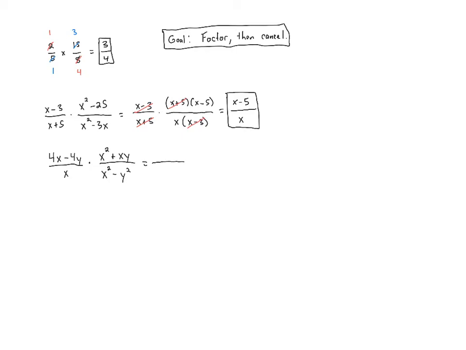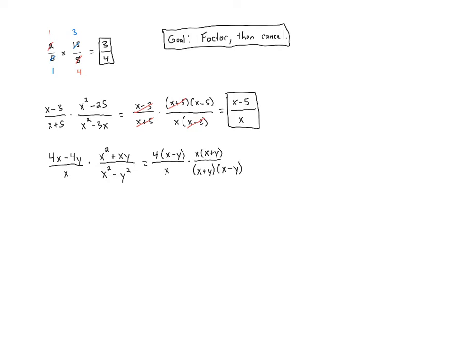If we look at 4x minus 4y, we can pull out a GCF of 4, giving us 4 times x minus y all over x. And then in the second fraction, we can pull out an x in the numerator, giving us x times x plus y. And then in the denominator, we have a difference of squares. That factors into x plus y times x minus y.